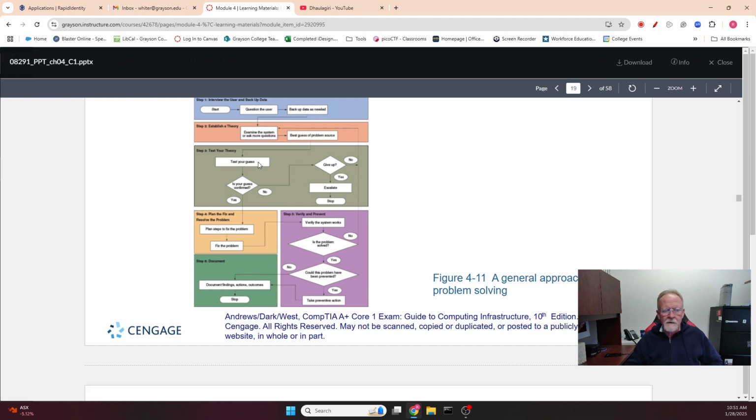And at that point, you can look at the video settings and see if the refresh rate's too high for the monitor. If your guess is confirmed, then you can go do what you need to do to fix it. If that's not the case, you can give up. No. You can escalate it up to someone else who maybe understands a little more than you do, and that would be a stopping point.